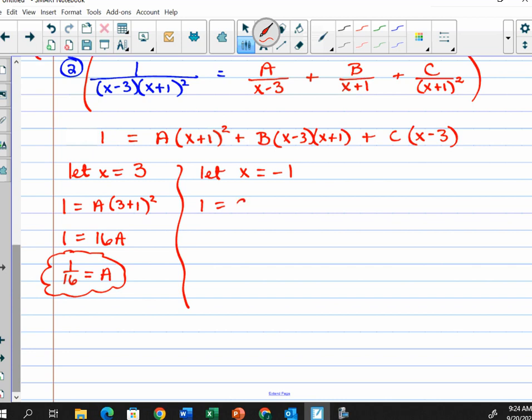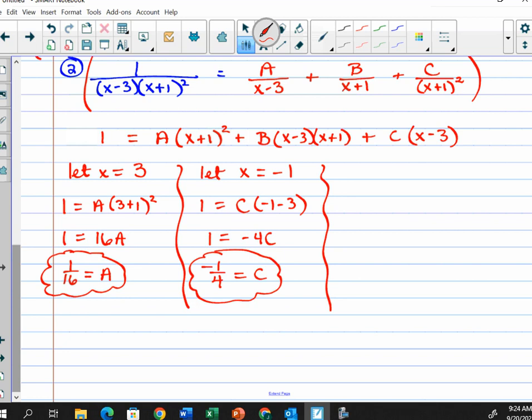So it's going to be c times -1 minus 3. So 1 equals -4c. More fun with fractions. -1/4 is your c. Awesome. Okay.